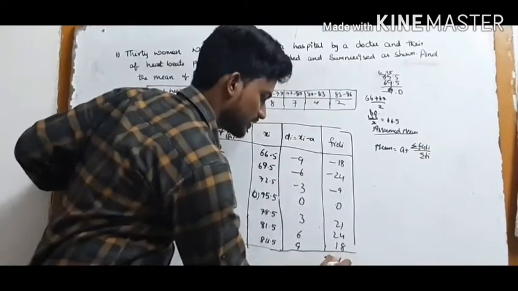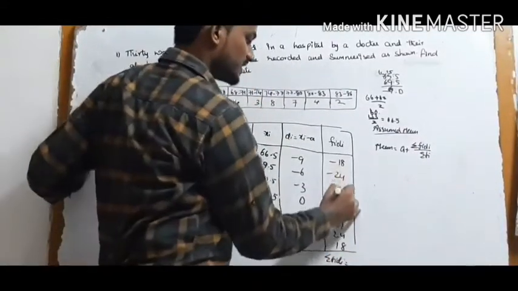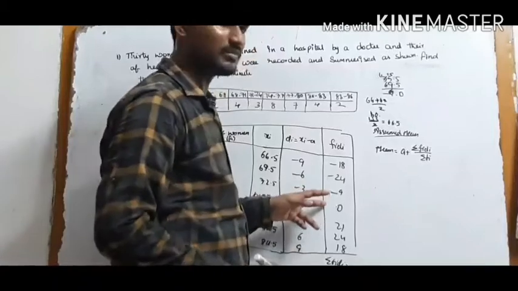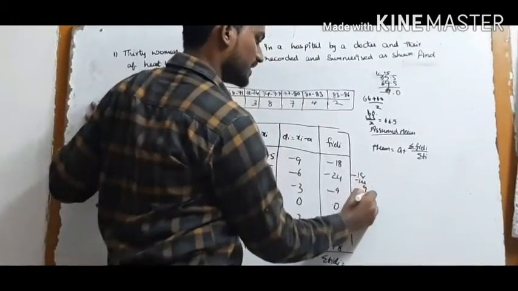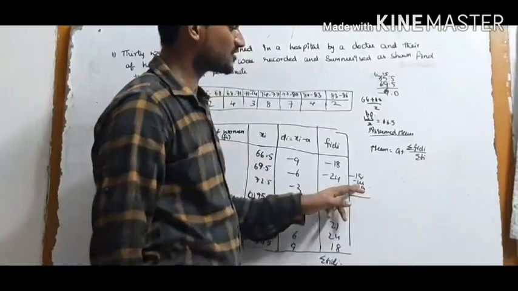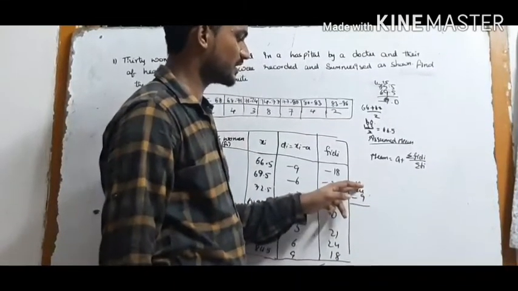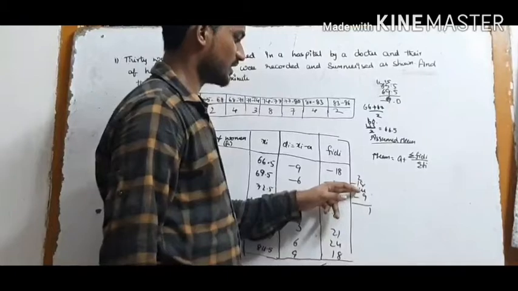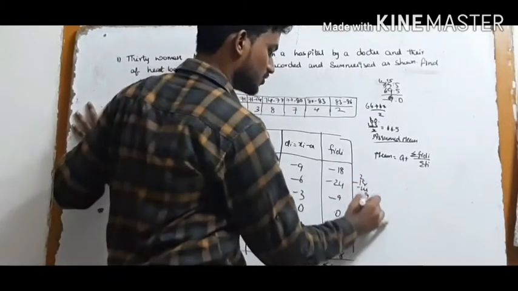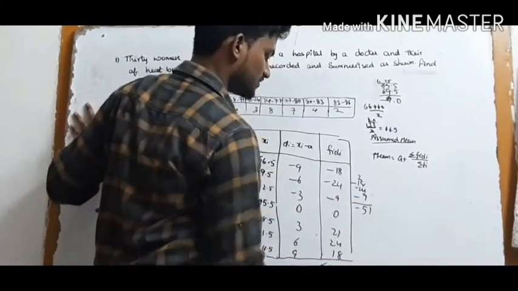First we sum the minus terms: minus 18, minus 24, minus 9, which gives minus 51.